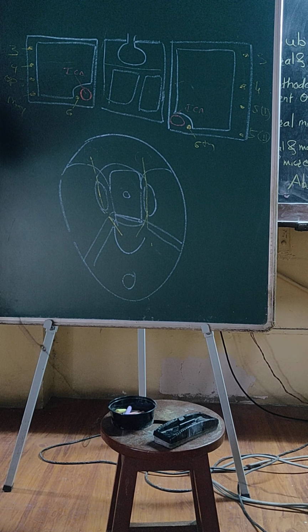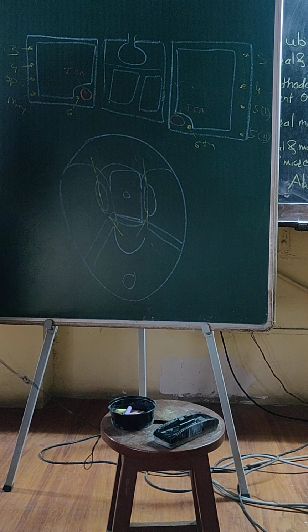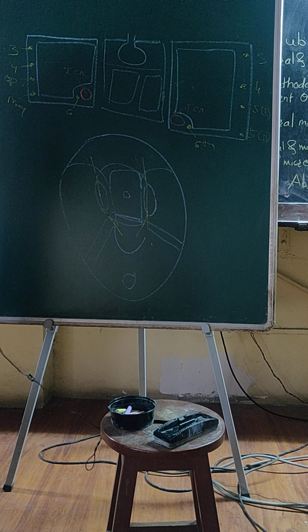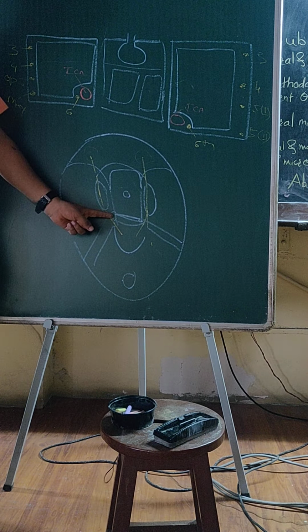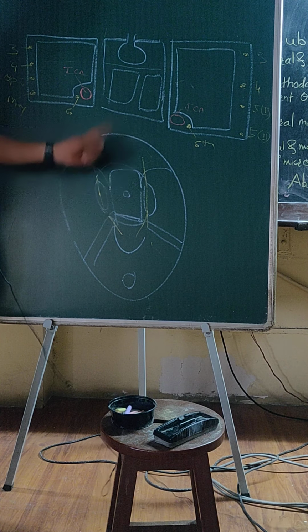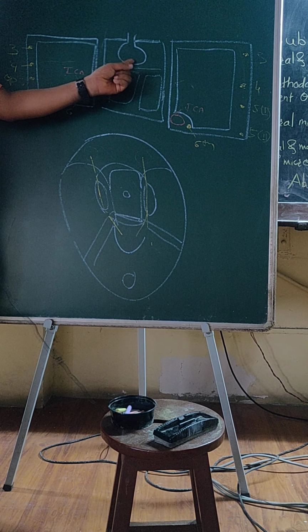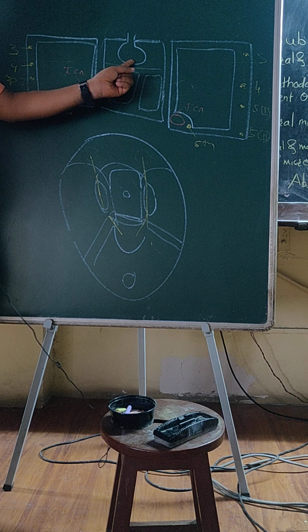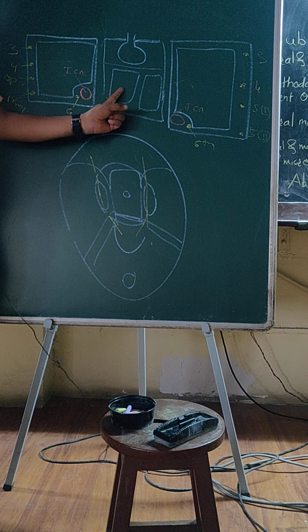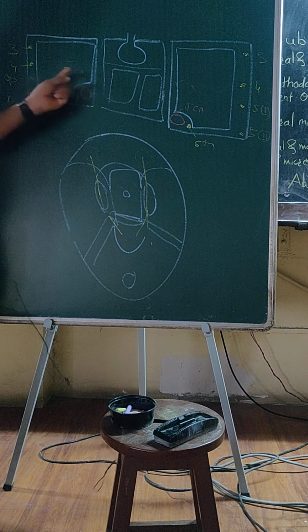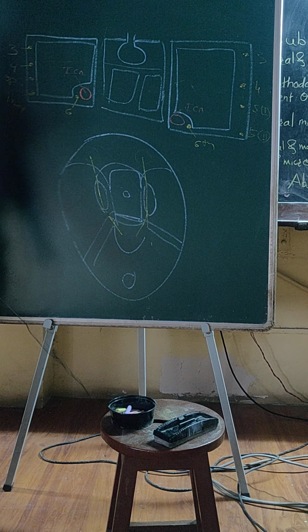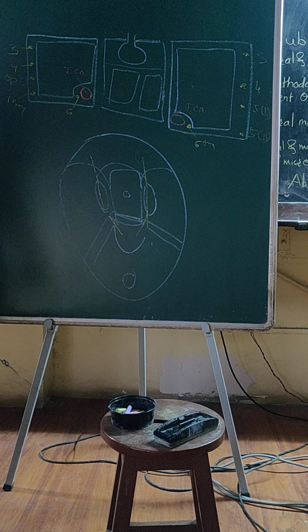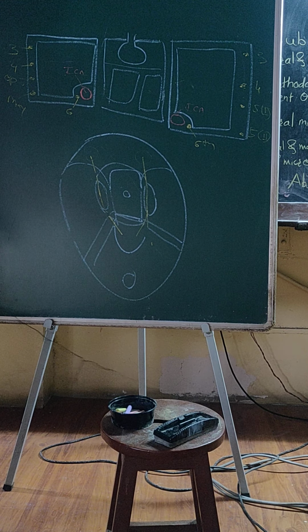So optic chiasma superiorly, foramen lacerum inferiorly, superior orbital fissures anteriorly, apex of the petrous temporal bone posteriorly. What is there medially? Hypophysis cerebri or the pituitary gland and sphenoidal air sinus, and laterally the temporal lobe, especially the uncus part of the temporal lobe.